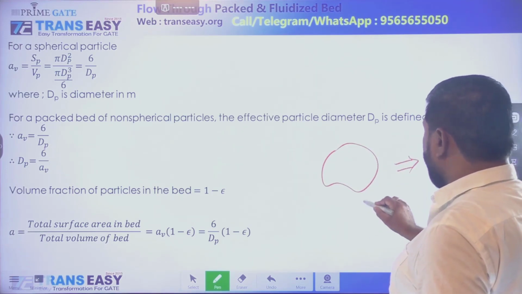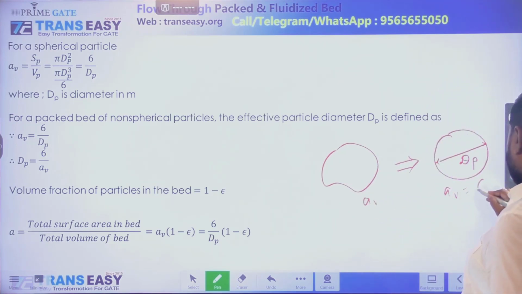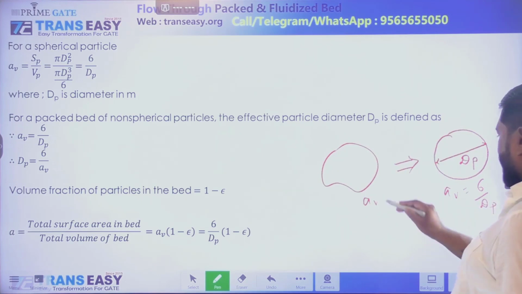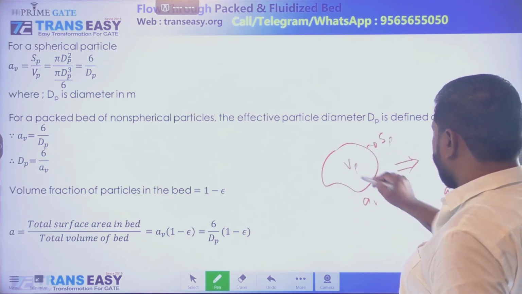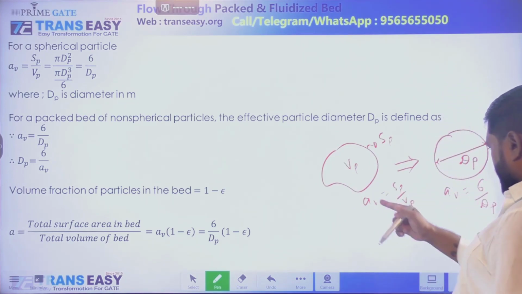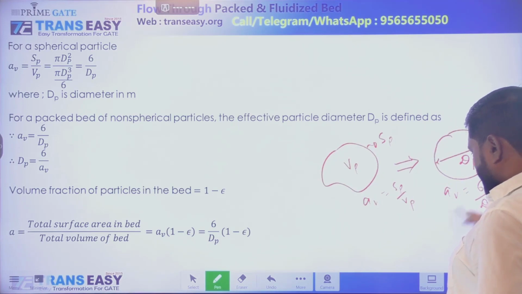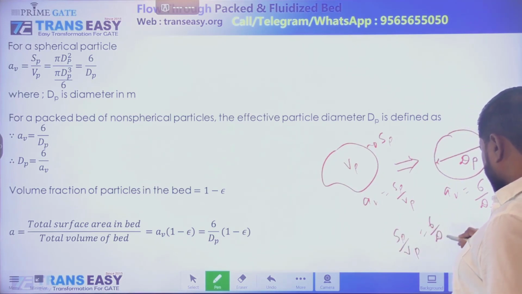They have the same AV. Its AV is 6 upon dp, and the other AV has surface area Sp and volume Vp, so Sp upon Vp. Equate these two AVs: Sp upon Vp is equal to 6 upon dp.